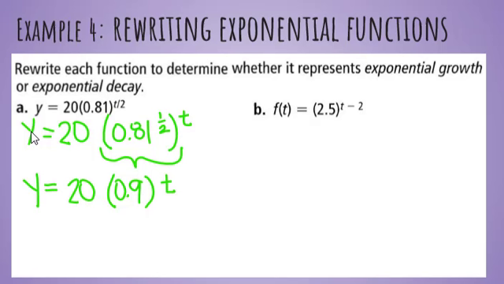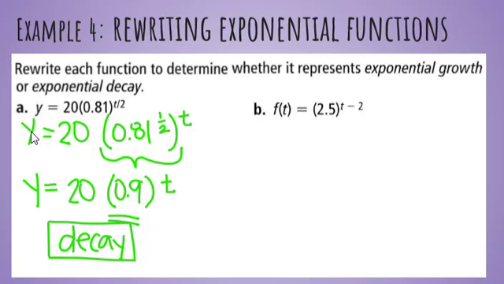So this is our equation rewritten. And then if we look at our number inside the parentheses here, we have 0.9. So this is going to be decay. Again, if you have a 0 it's decay.